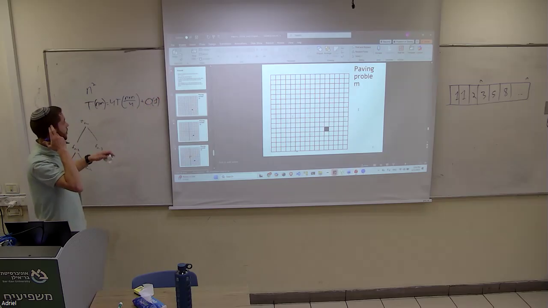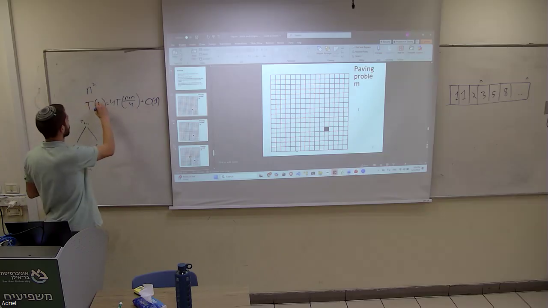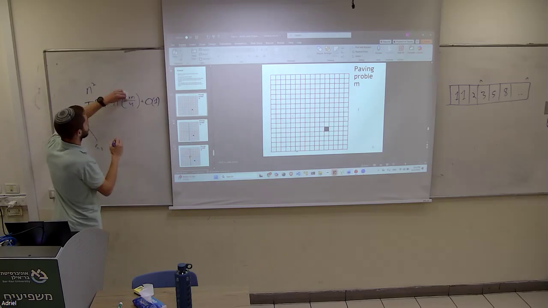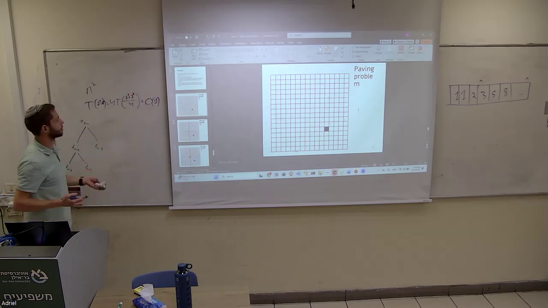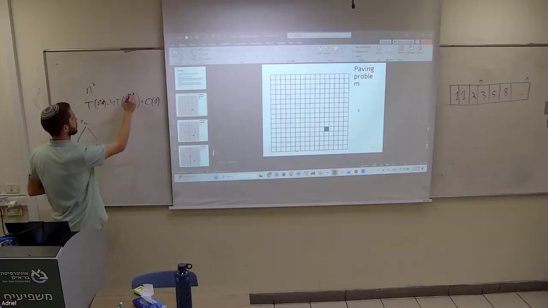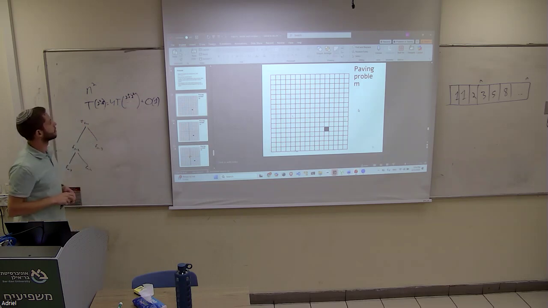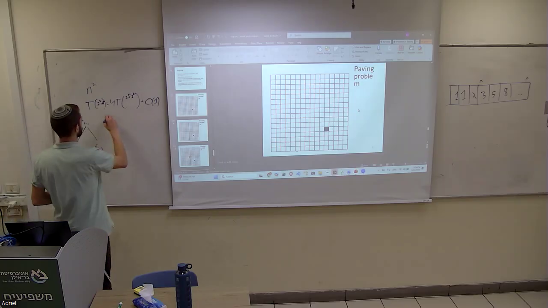We can just treat this as 2 to the power of k times 2 to the power of k instead of n, and each time it really gets smaller by 1.